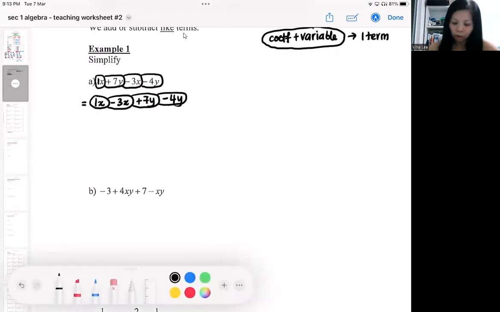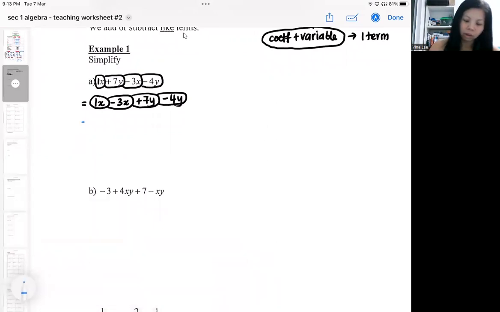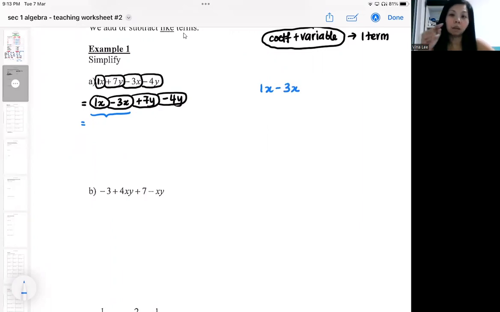Okay, so what is the purpose of changing position? So that the like terms can be simplified. So 1x minus 3x. So you can punch calculator 1 minus 3. So you get minus 2x. Then this one, 7y minus 4y.